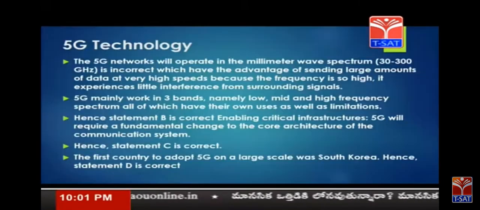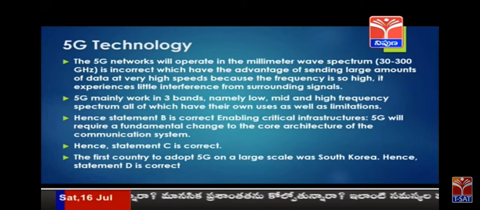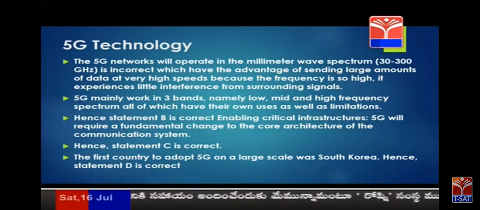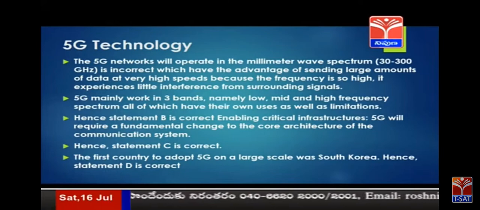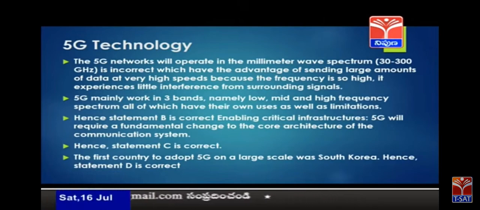So it's wrong. Now, 5G mainly works on three bands, namely the low band, mid band and high frequency band spectrum. All of these have their own uses as well as limitations. Hence statement B is correct. Enabling critical infrastructure, 5G will require a fundamental change to the core architecture of the communication system.